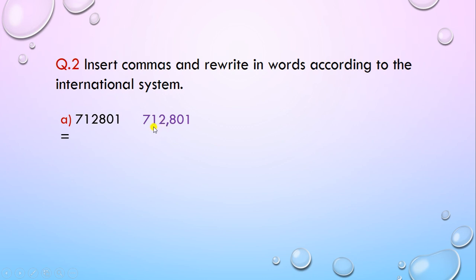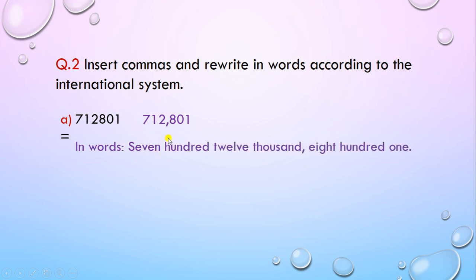Again 1, 2, 3. Let's see how to write in words. So 712,801. 712 comes in the thousands period. So we will read it as 712,000 and then 801. Let's see one more example.